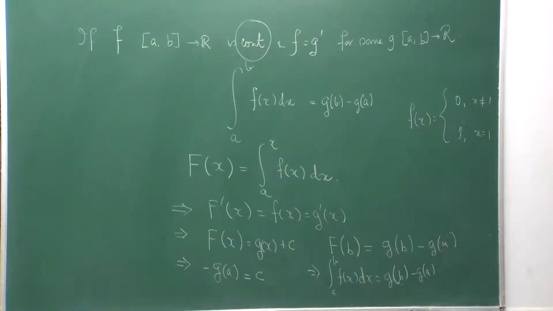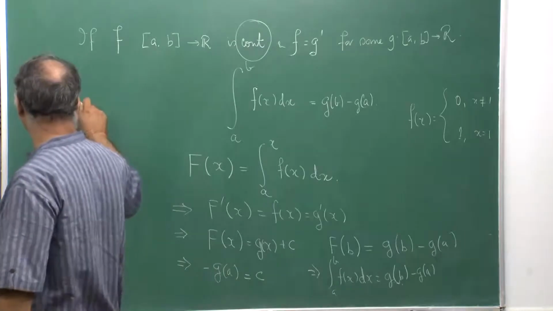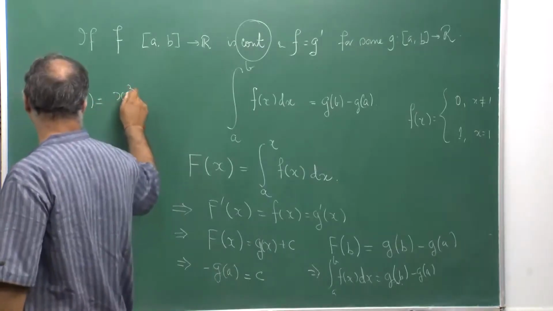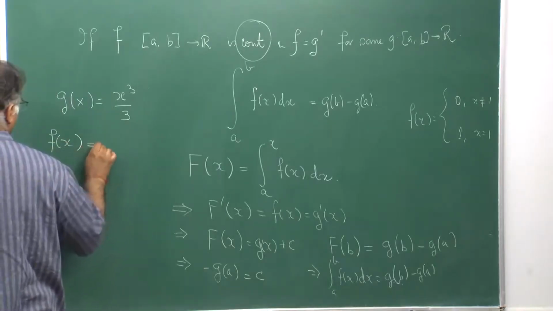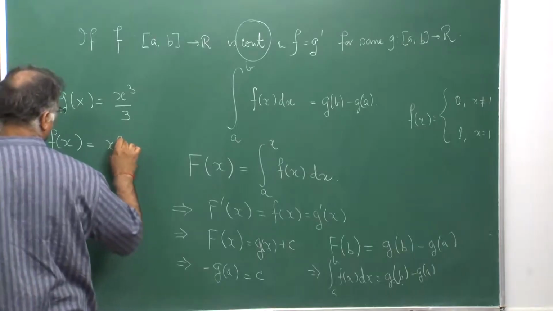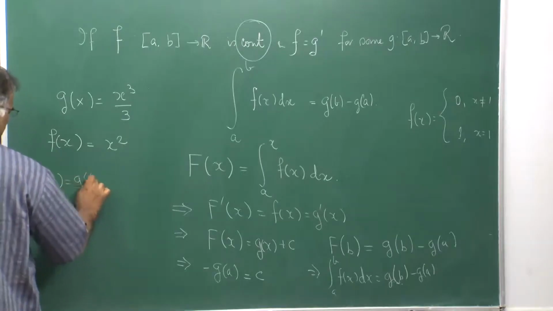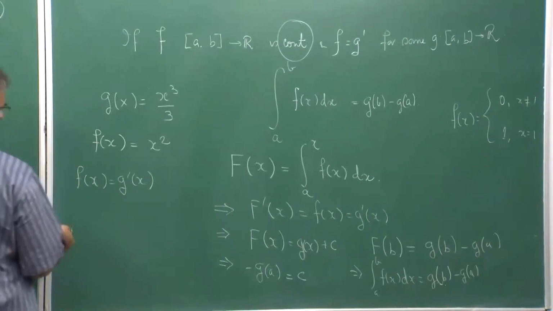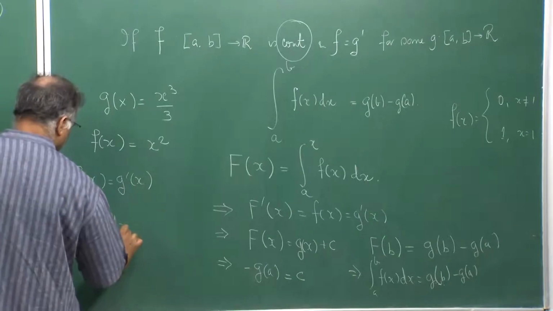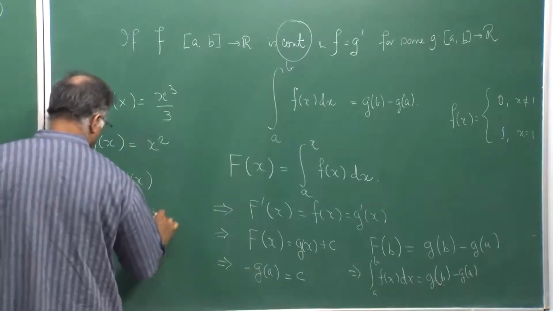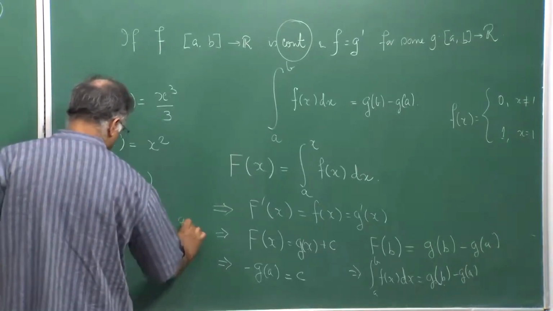Of course, there are certain cases, for example, if you have g(x) equal to x cubed by 3 and f(x) equal to x squared, then f(x) is nothing but g'(x). And of course, that will simply tell you that the integral from a to b of x squared dx is b cubed by 3 minus a cubed by 3.